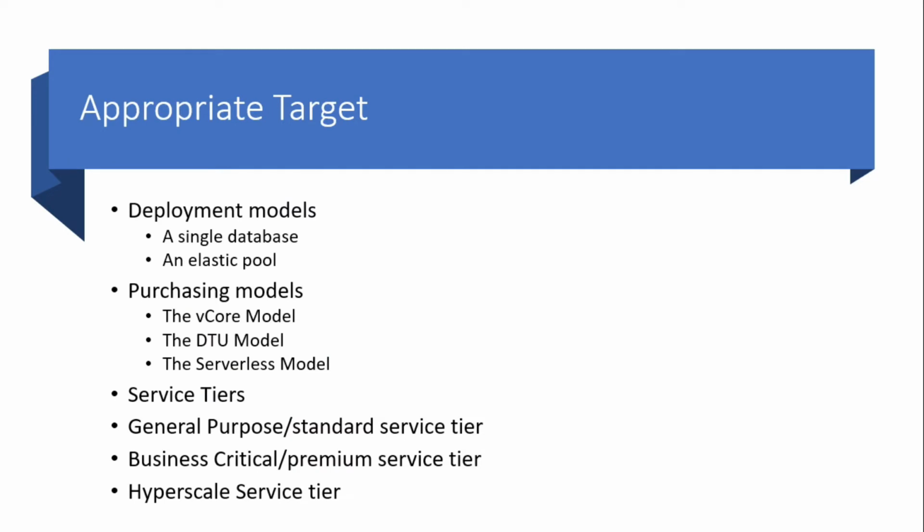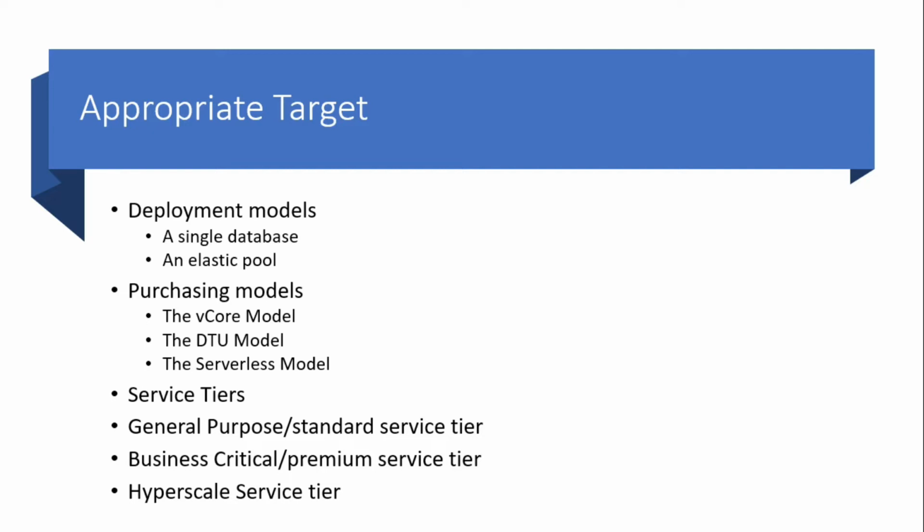Once you consider all of these, then you might be thinking about the appropriate target and deployment model, whether to choose Azure SQL DB. When you talk about Azure SQL DB, you have two different options: there is a single database option and there is an elastic pool option.